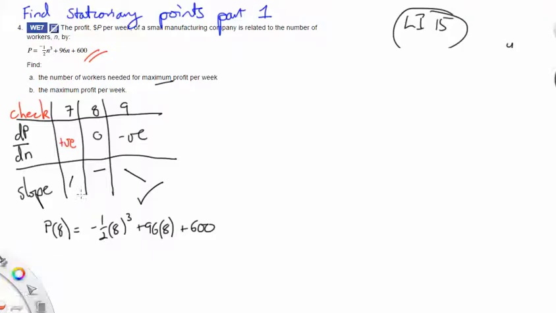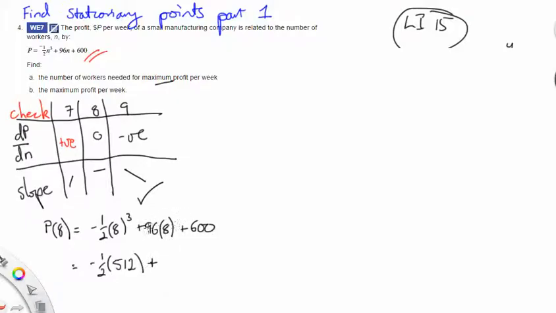Alright, so let's evaluate this. 8 cubed. Well, 8 squared is 64. So 8 times 64 is 480 plus 32, which is 512. Is that right? Yep, that's right. 96 times 8. Please use pen and paper methods if you're not sure.